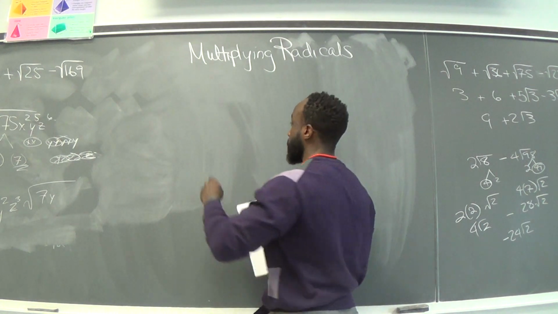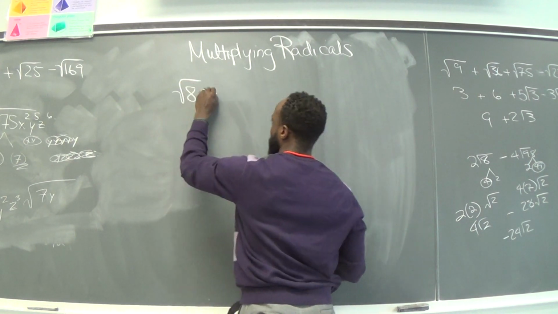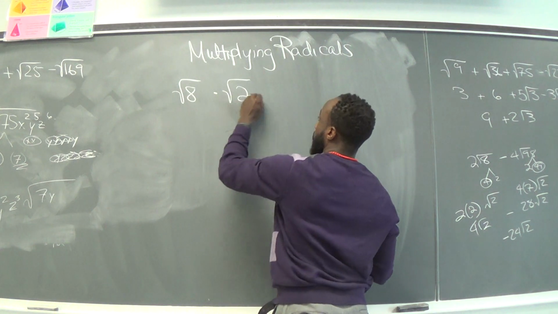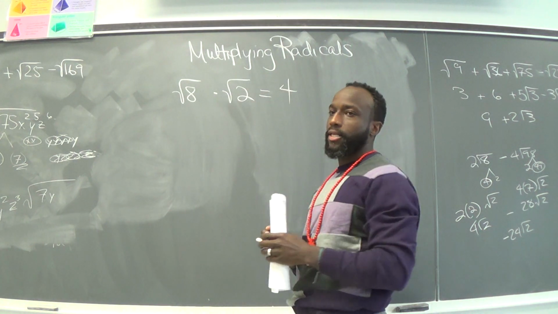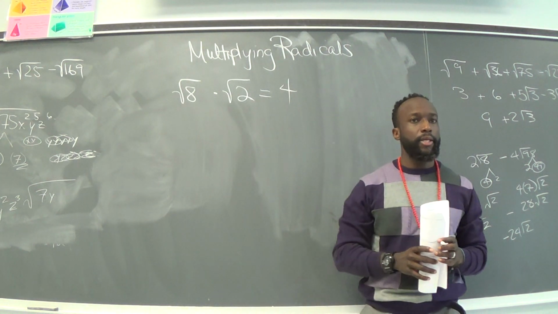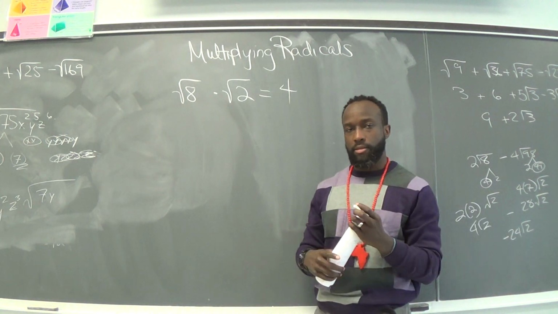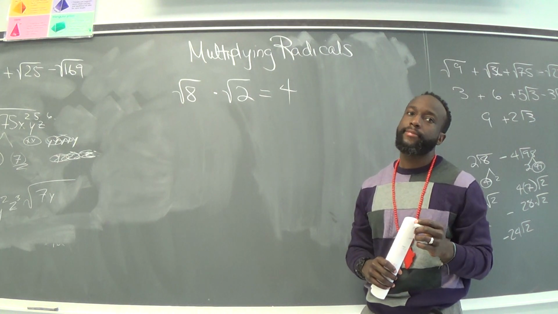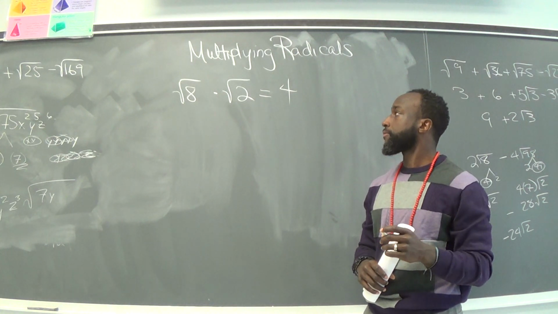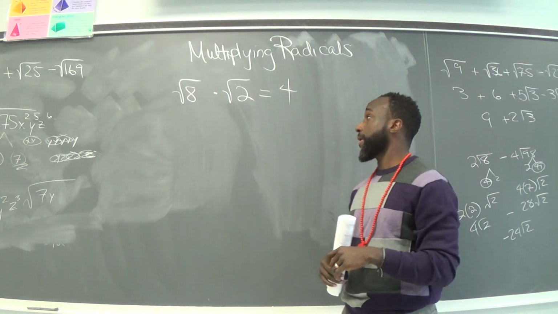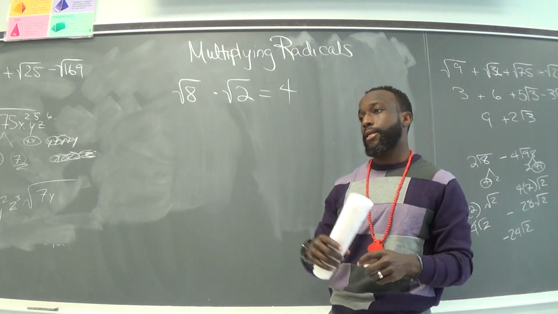As an intro, we can look at this example here where it says the square root of 8 times the square root of 2 equals 4. How do you think that this is possible? What do you think happens here? You subtract the 2 from 8? You divide it?